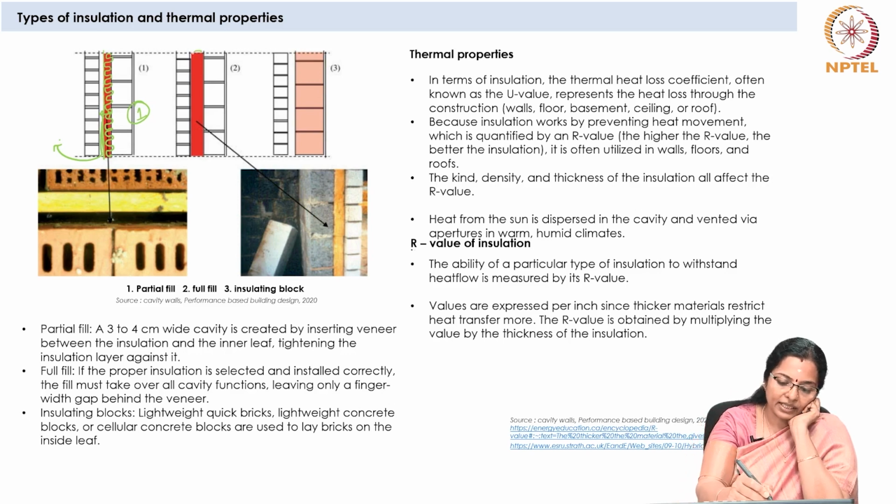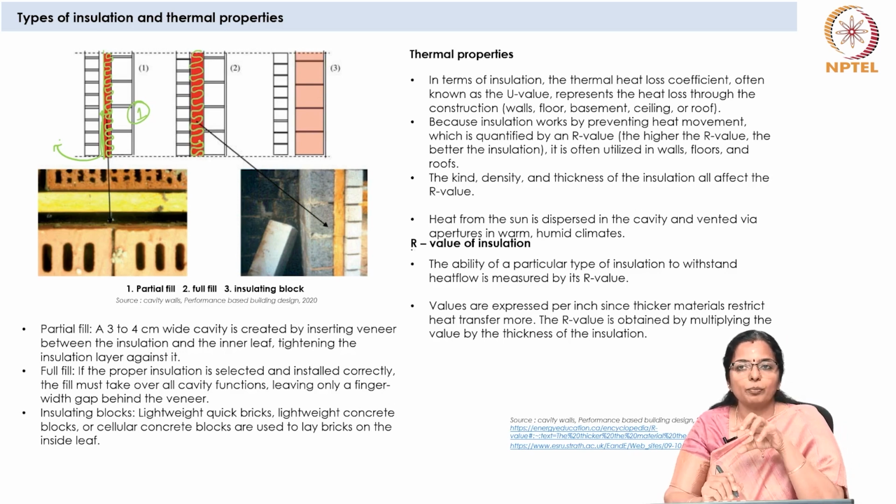So, complete filling of insulation is the second type. If the proper insulation is selected and installed correctly, this fill must take over all cavity functions, leaving only a finger width gap between the veneer.